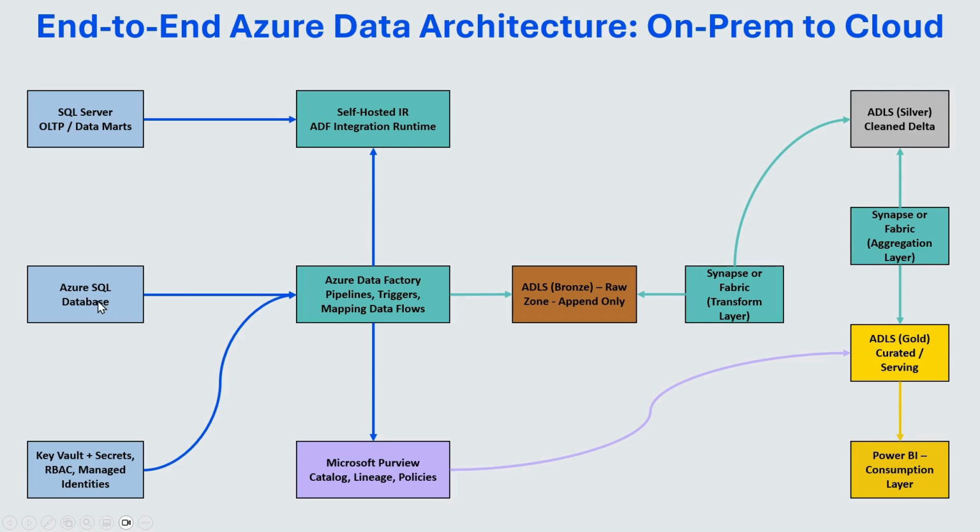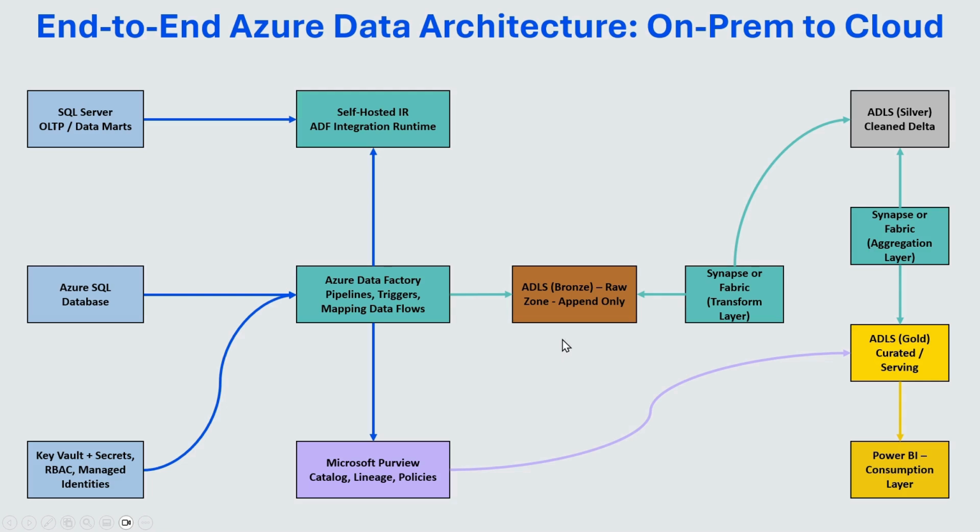Also, we've got the Azure SQL database and the Key Vault. This Azure SQL database is the one hosting the control table, and the Key Vault is to store some secrets and credentials so that ADF can securely get connected to the SQL Server source or the destination via the Key Vault.